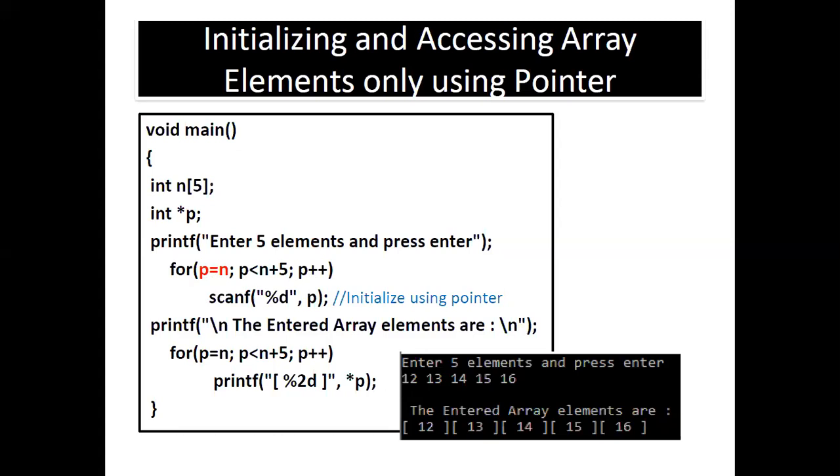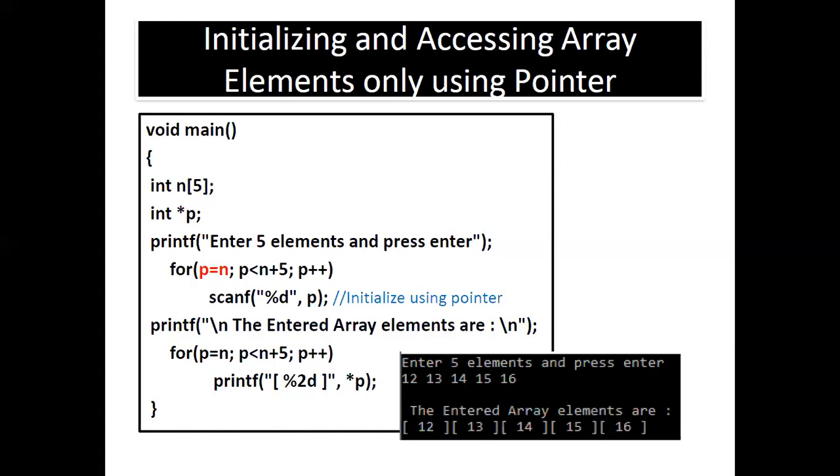This p = n is nothing but the pointer p taking the address of n, and if it is n, then I can keep on going up to n + 5, because that's how 0 to 5, less than n + 5, so minus 1, and p++.